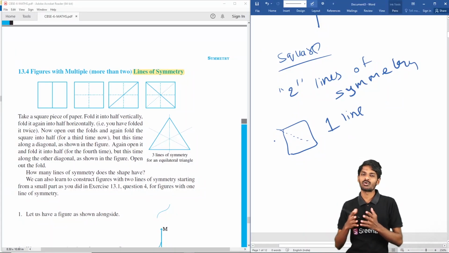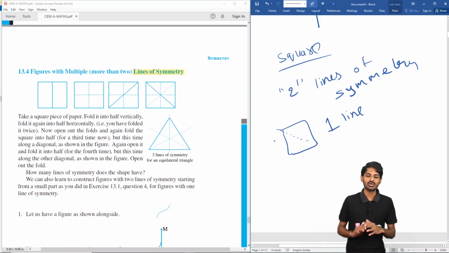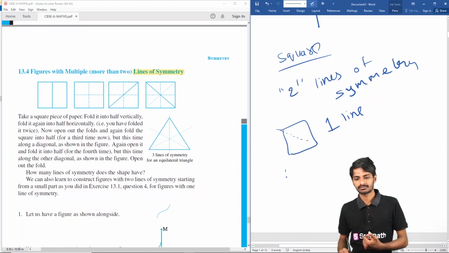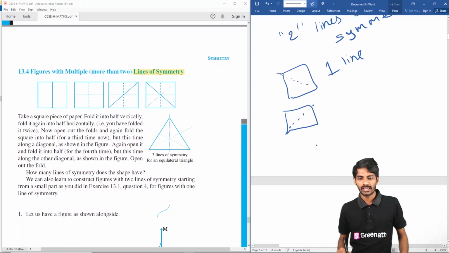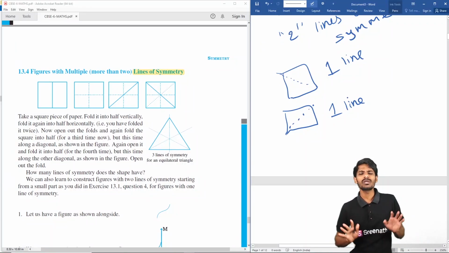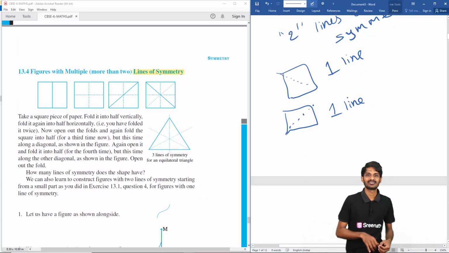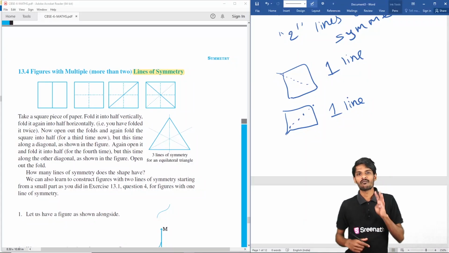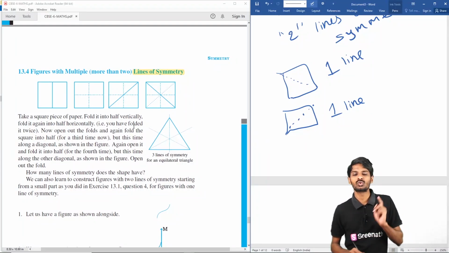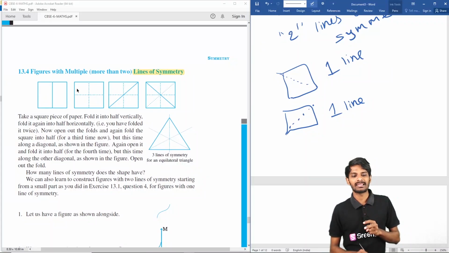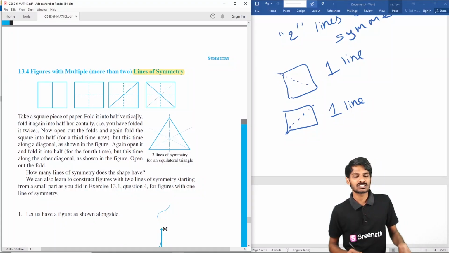Now again unfold it and fold it along the other diagonal. So again you will get one more line of symmetry. So finally, how many lines of symmetry did you get, students? You have got 4 lines of symmetry. So 2 lines are along the length and the breadth and 2 more lines are along the diagonals. So these are the 4 lines of symmetry we have. Super. Is it super, students?